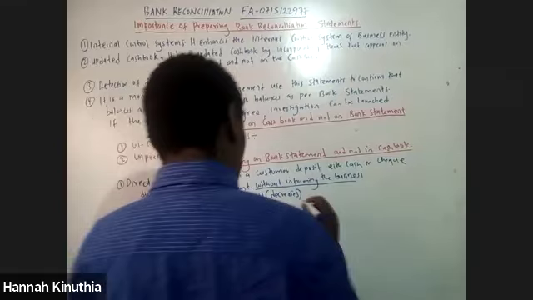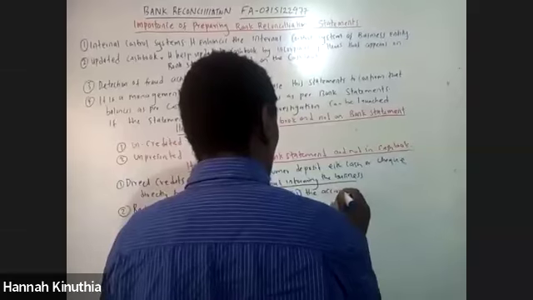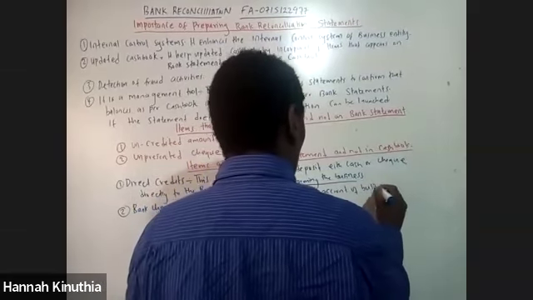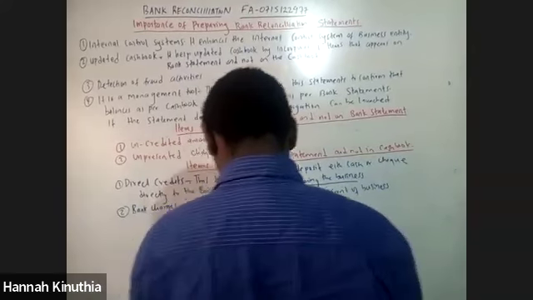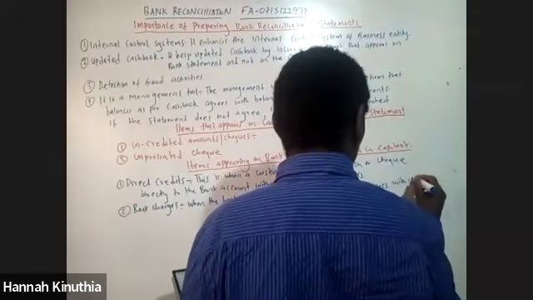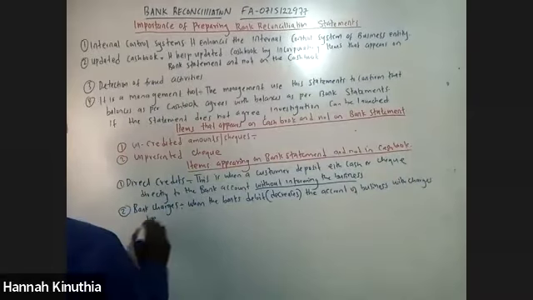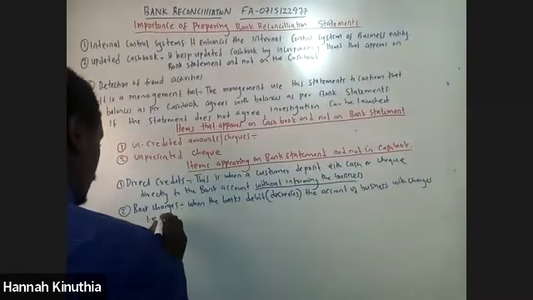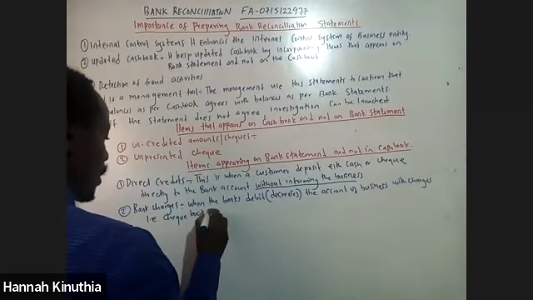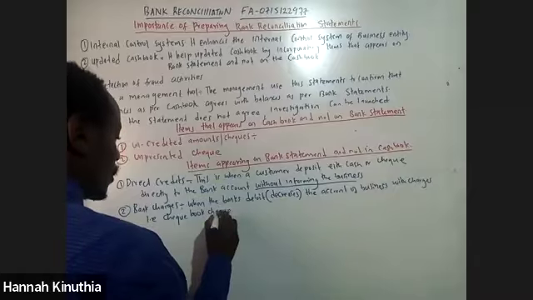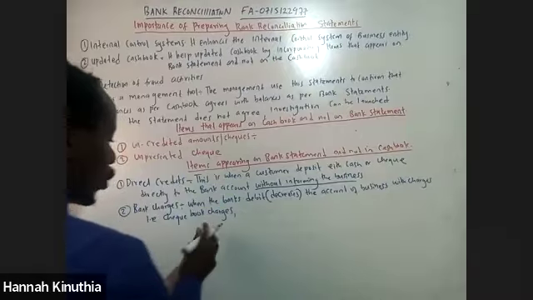The bank debits the account of the business with the charges. Those charges, for example, checkbook charges, are deducted by the bank. So these charges appear on the bank statement.